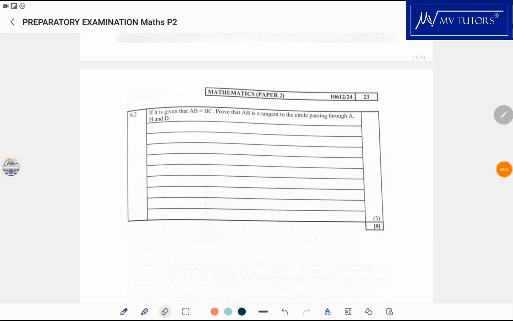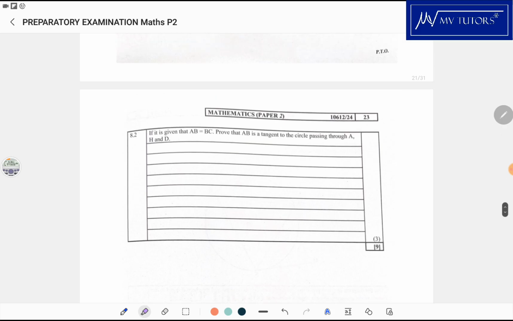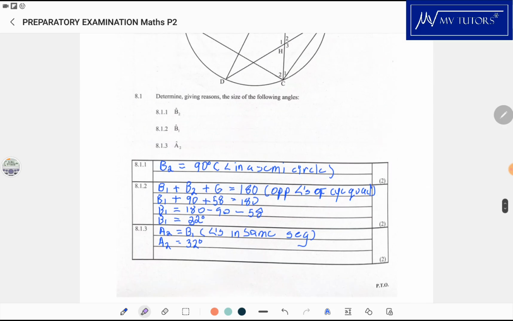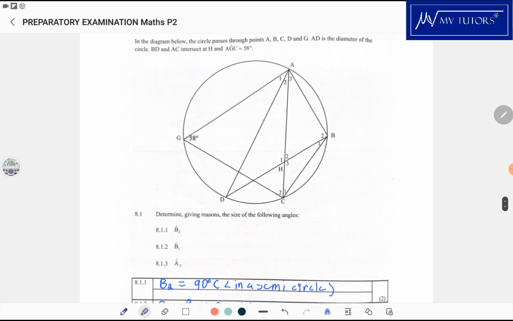If we look at 8.2, it says if it is given that AB is equal to BC, prove that AB is a tangent to the circle passing through A, H, and D. So we need to highlight these things. First of all, let's highlight the tangent.